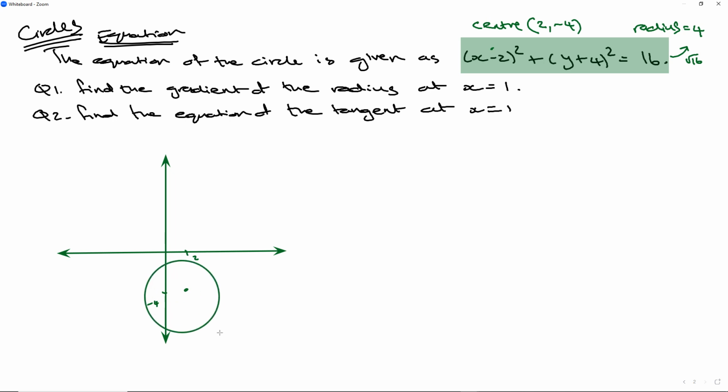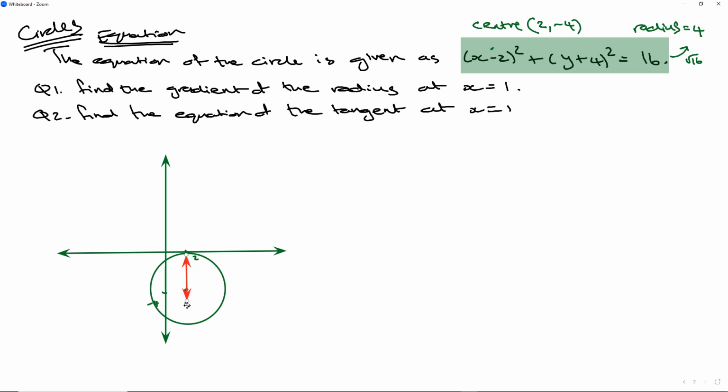So let's see if I can draw that in there. It's going to be around, let's say, there. It needs to go through that point there because I can see the radius is 4. How do I know that it would be touching the line at that point? Because if I can just stretch this perfectly on either side, I can see that this length from there to there is 4, right?